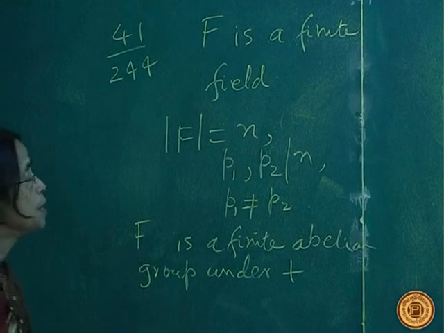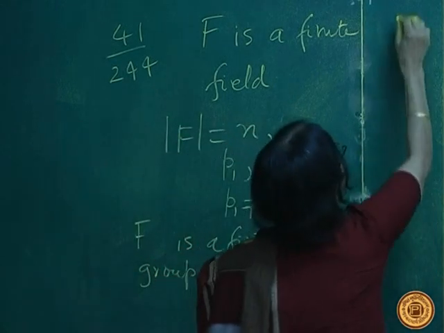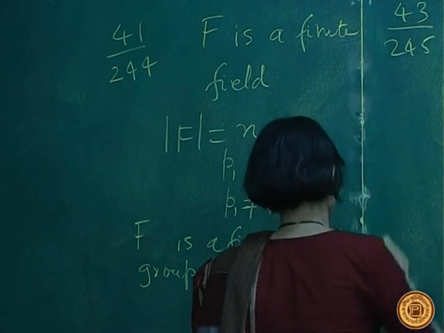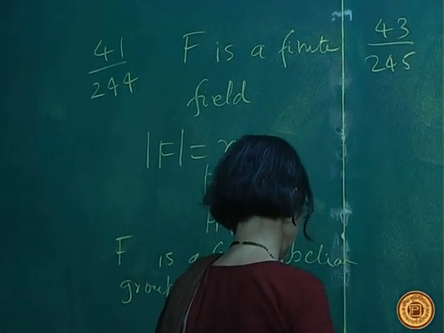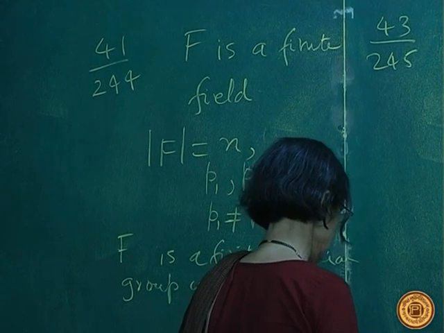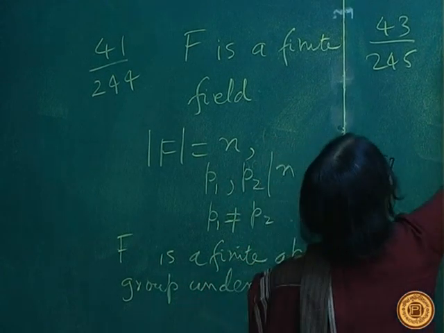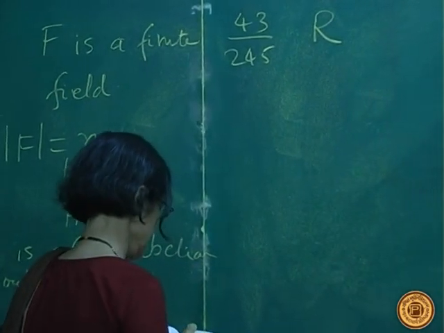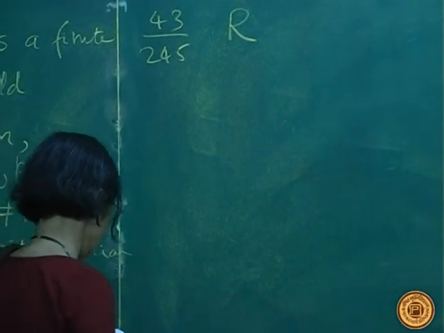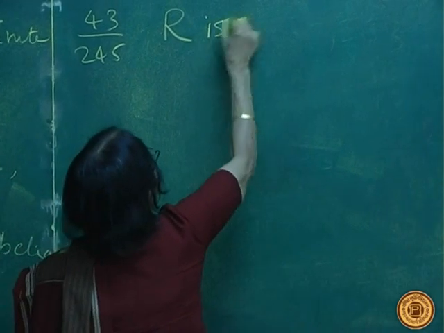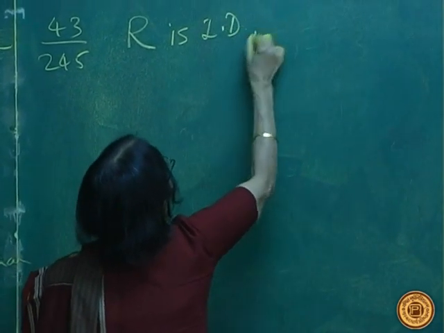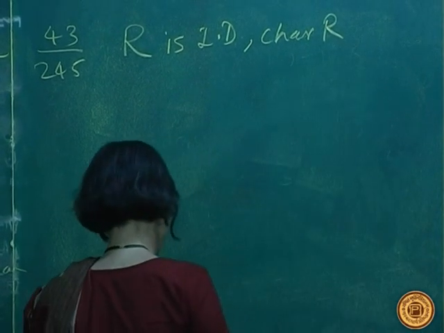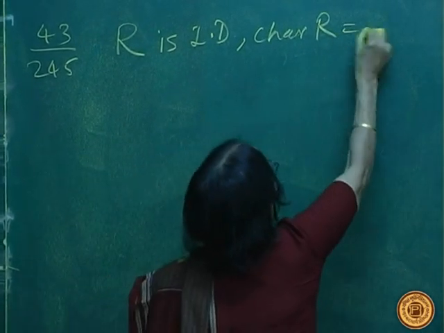Let us go to problem 43. Let R be an integral domain with unity. Of course, if it is an integral domain, it has to have unity, 1, and non-zero characteristic. And the characteristic of R is equal to some prime p.